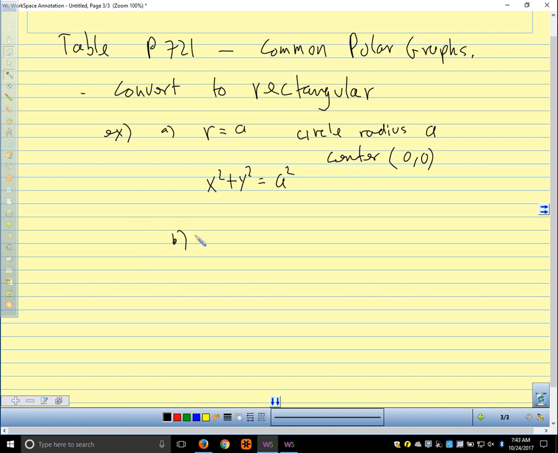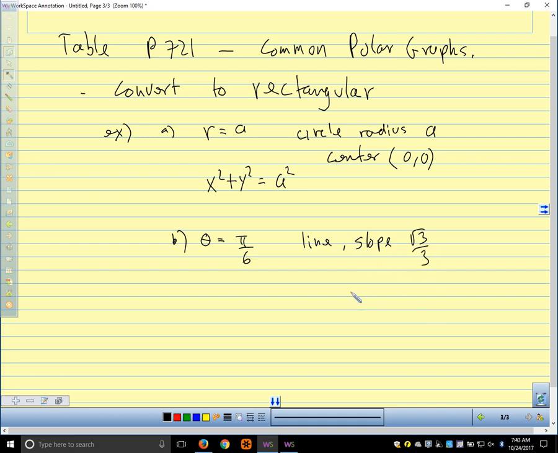How about theta equals pi over 6? It's a line. Slope, right, square root of 3 over 3.